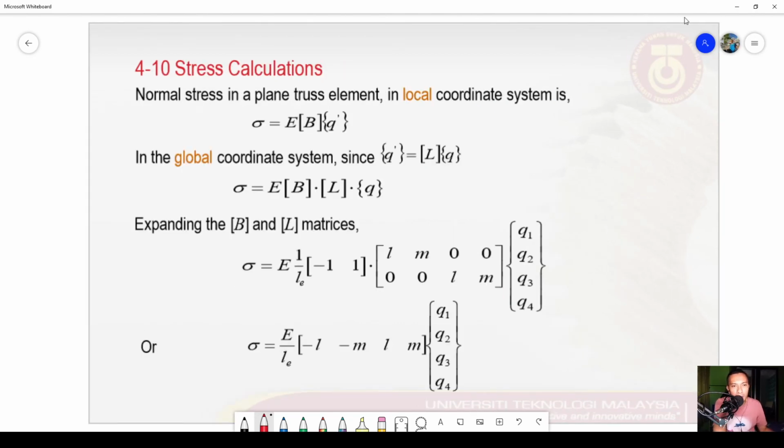A similar process is actually applied to the stress calculations in our plane truss element as well.